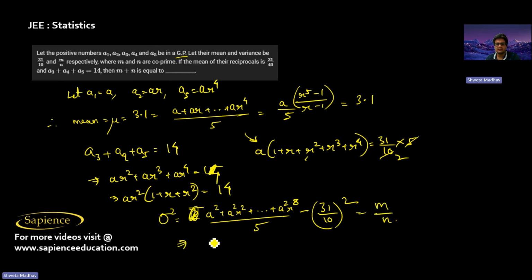Now this can be written as a square into 1 plus r square plus r power 4 plus r power 6 plus r power 8 divided by 5, that is equal to m by n plus 3.1 whole square.